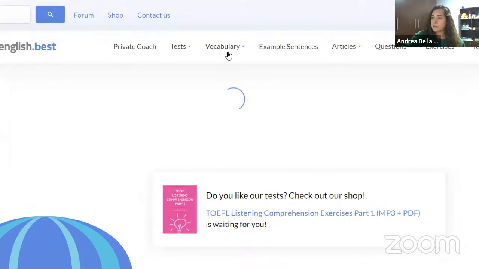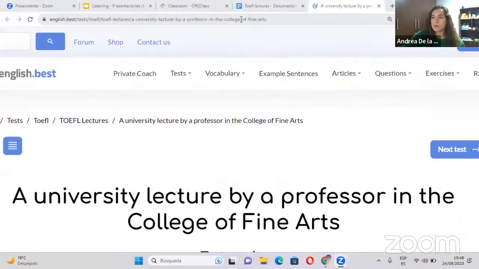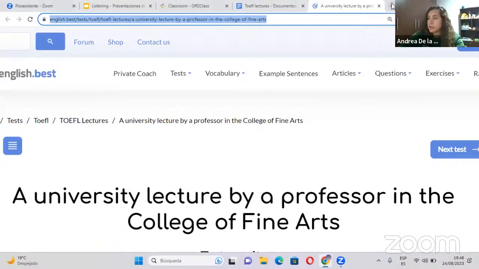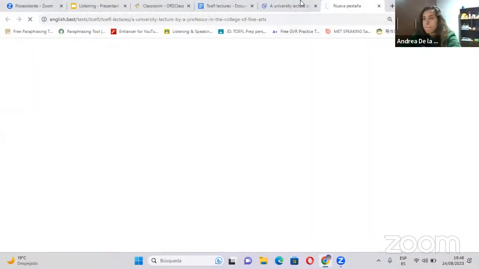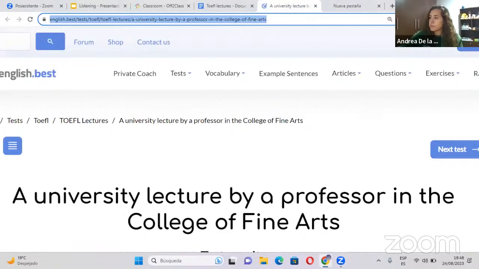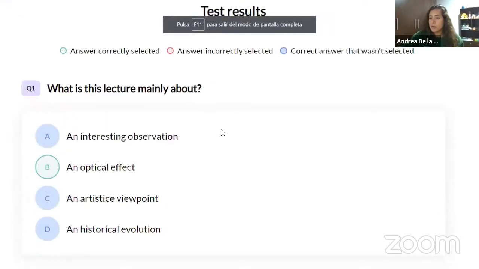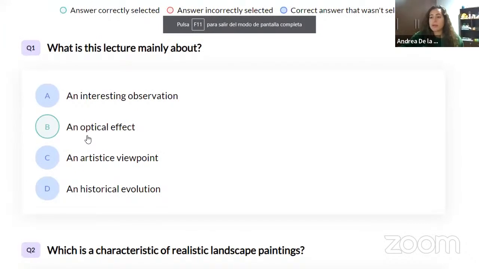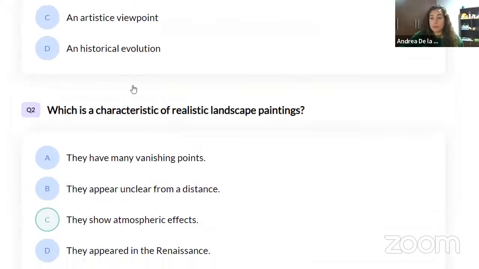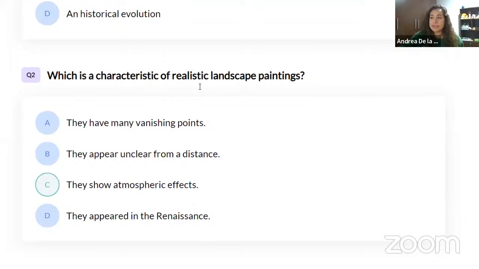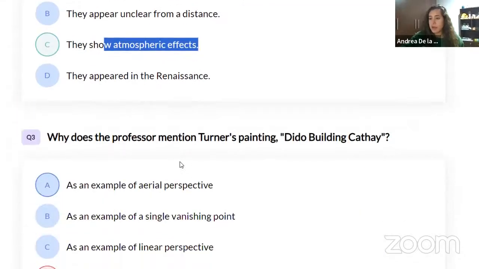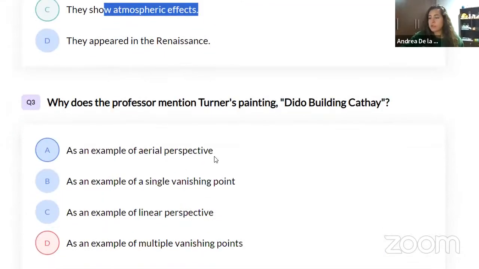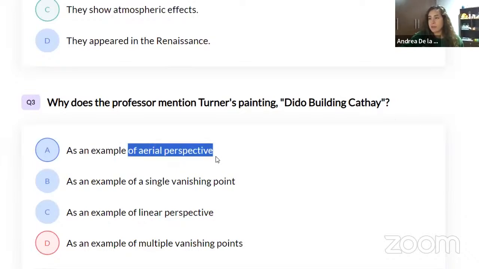Let's check. And we're also going to see a transcript. So the first one's correct. An optical effect is the closest one to visual perspective. Now, realistic landscape paintings do show atmospheric effects because it's an example of aerial perspective. Now, as for the reason why the professor mentioned Turner's painting The Fighting Temeraire, it was an example of aerial perspective, actually.